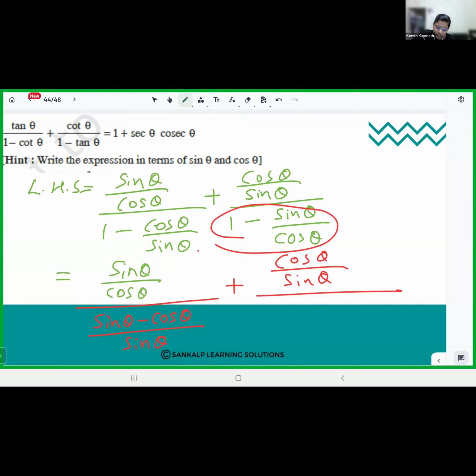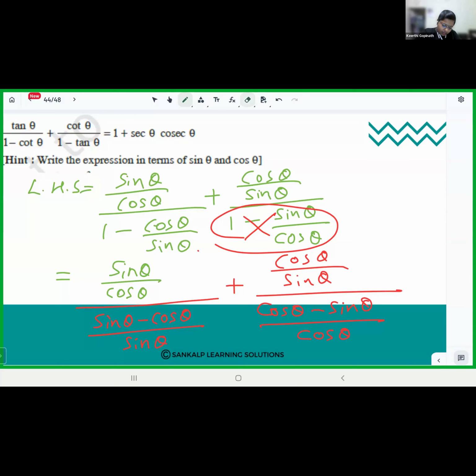When you cross multiply you get cos theta minus sin theta divided by cos theta. I hope it is clear to you up to this.